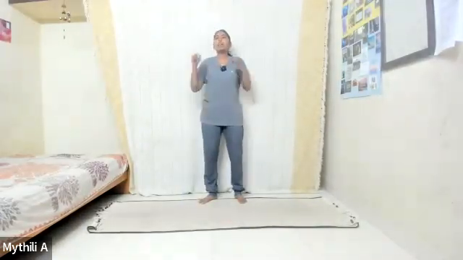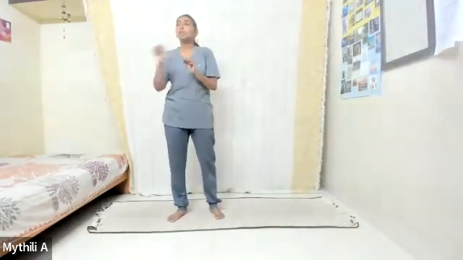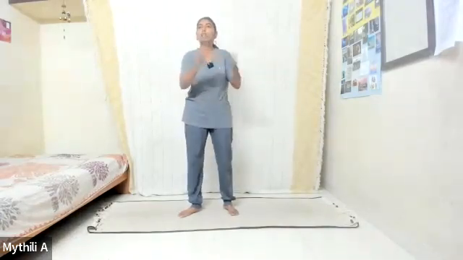We have the lymph nodes, and there are lymphatic vessels. Just as we have blood vessels carrying the pure and impure blood, the lymphatic vessel is responsible for carrying the lymphatic fluid from the cells to the lymph nodes and between the lymph nodes.